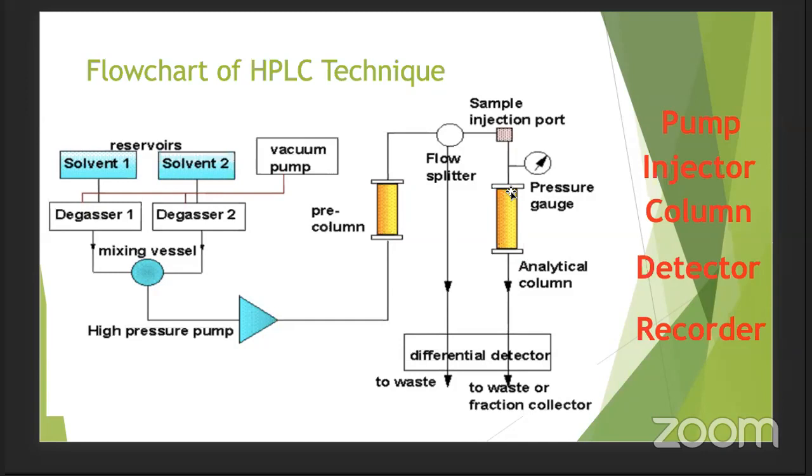And it has the capability to bear a pressure of approximately 14,000 to 15,000 psi. Then the next component that we have is the detector system. The role of the detector system is to monitor the components that are coming out from this analytical column, to analyze them and to identify what exactly it is.